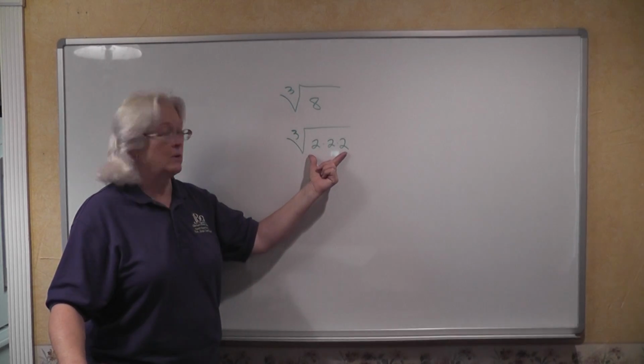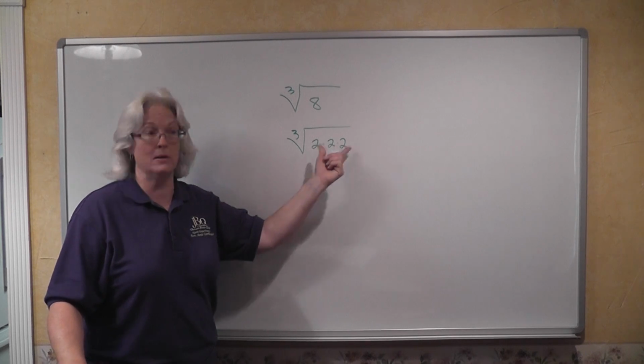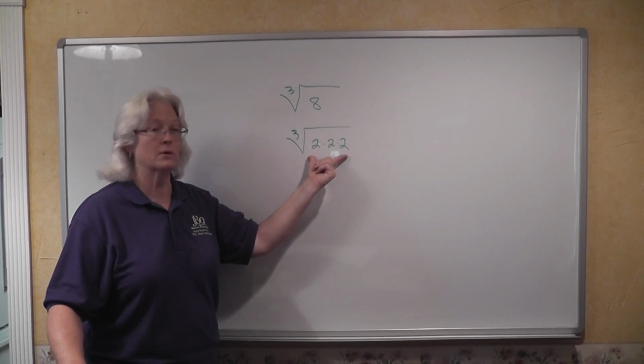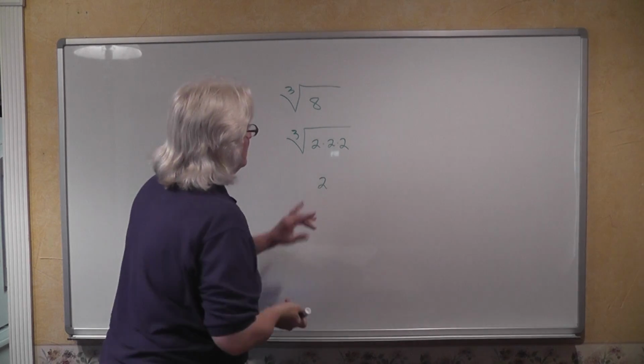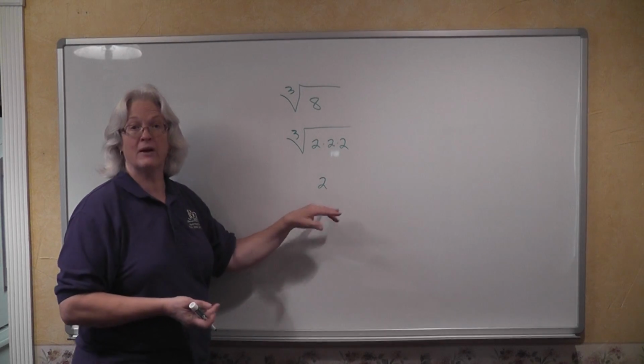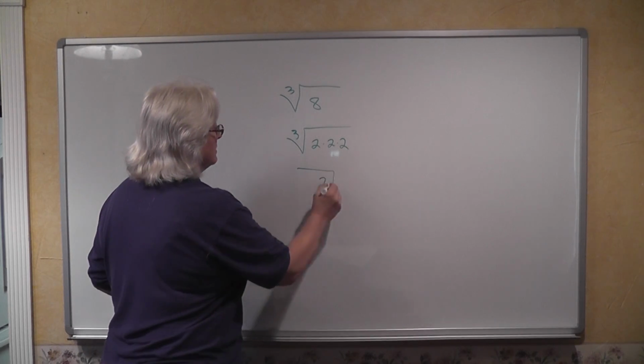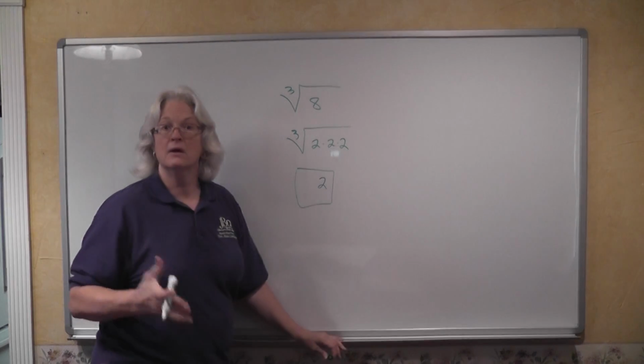So 8 has 3 factors together that are the same. The cube root of 8 is one of that number's 3 equal factors. Cube root of 8 is 2.